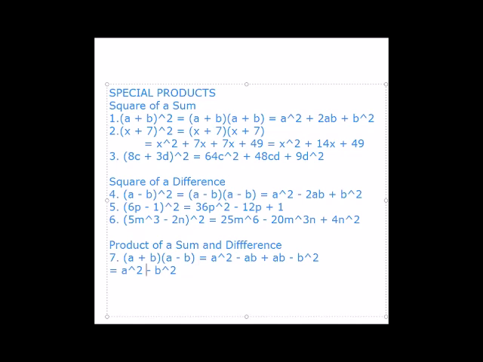With this example, have you noticed something? Any thought, anything that you have observed? A plus b times a minus b is a squared minus b squared. What have you noticed different from our first special product, square of a sum and the square of a difference?